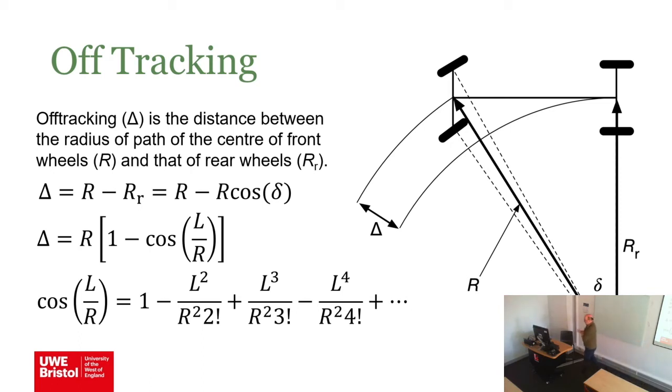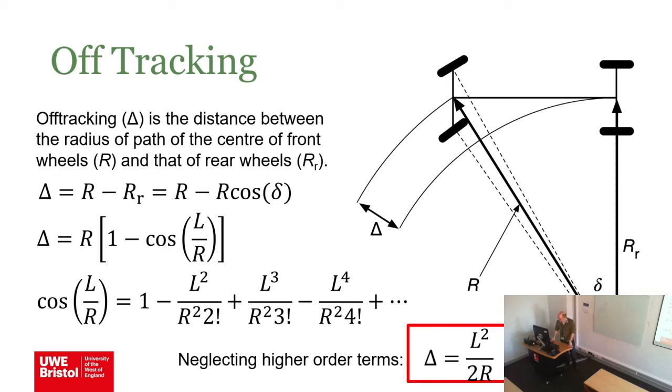And so what we do is we neglect the higher order terms, let's ignore the higher order terms, and we end up with delta being L squared upon 2R. Notice that we've got 1 minus cosine, so 1 minus, and then L squared upon 2R squared.